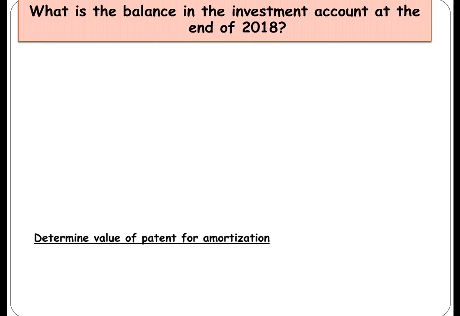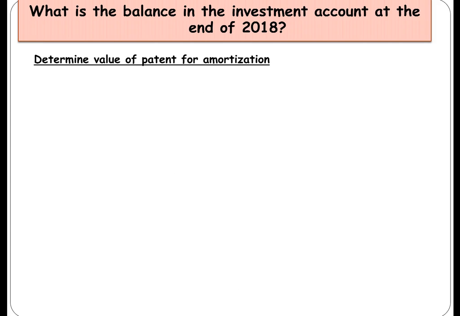So now, based on that, what is the balance in the investment account at the end of 2018? Well, first, what we have to do is figure out the amount to amortize for the patent, because that's going to affect the investment account, and it's also going to affect the amount we show for equity income. So we're first going to take a look at the consideration. Again, I converted to 100%, which gives us $2.4 million.